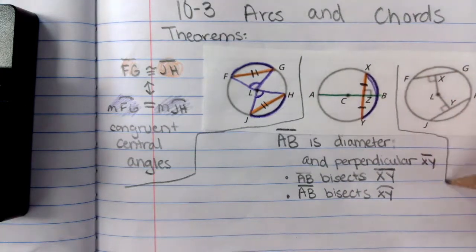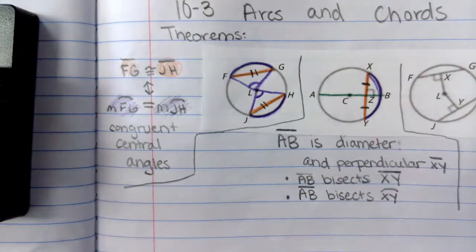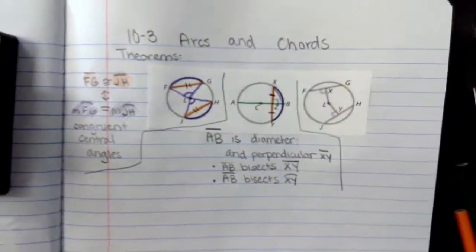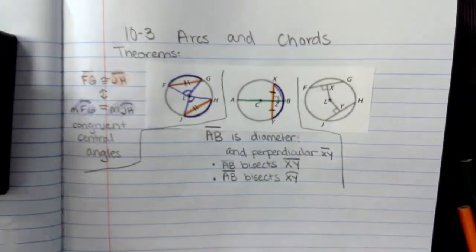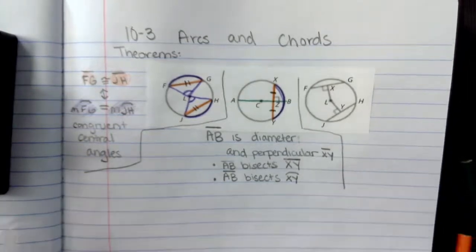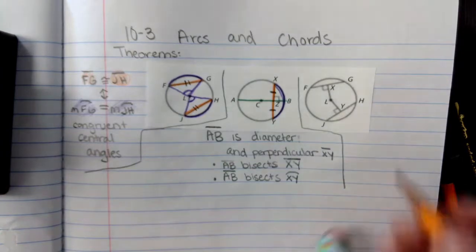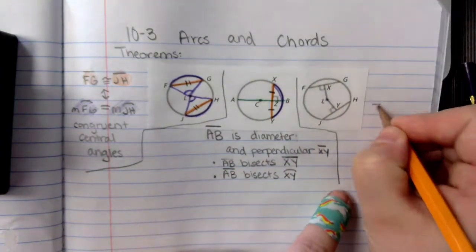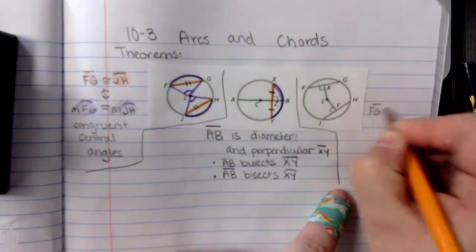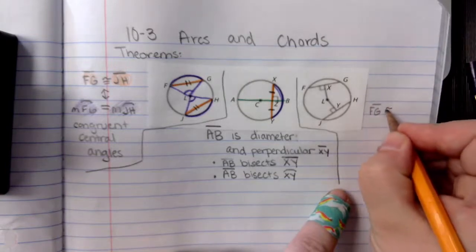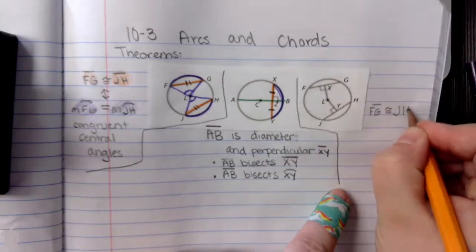Then we know that distance to the center is going to be the same. So from FG, if I go to the closest I can get to the center, which would be in the middle of that, it's X. X to L is going to be the same as L to Y.